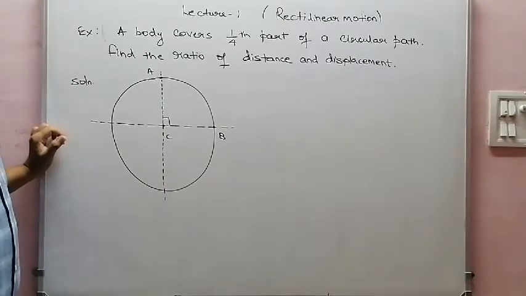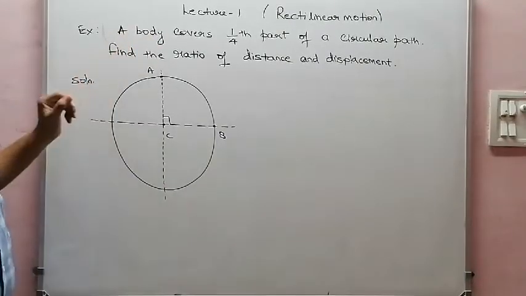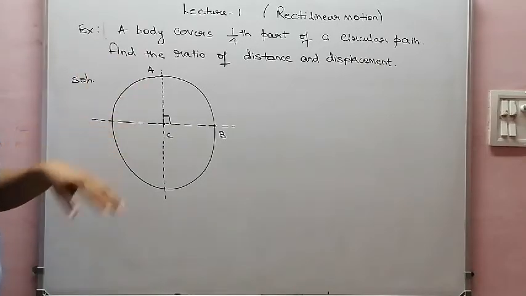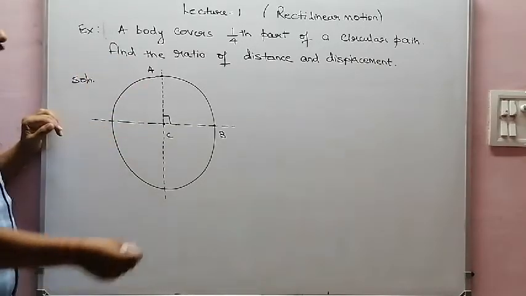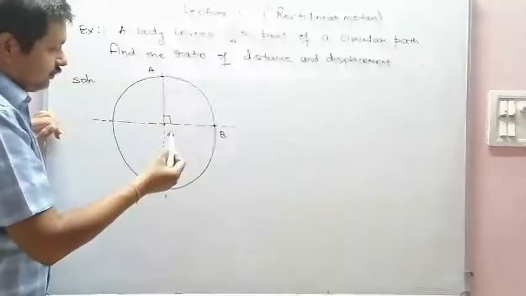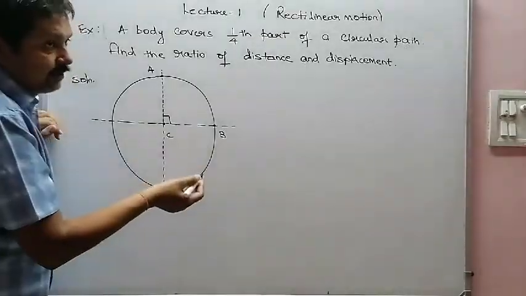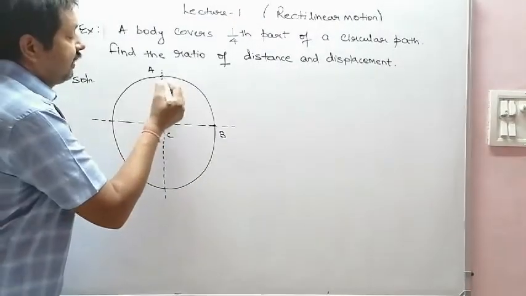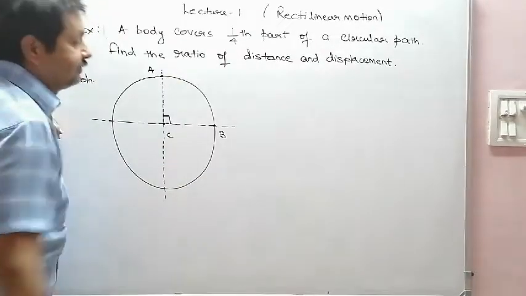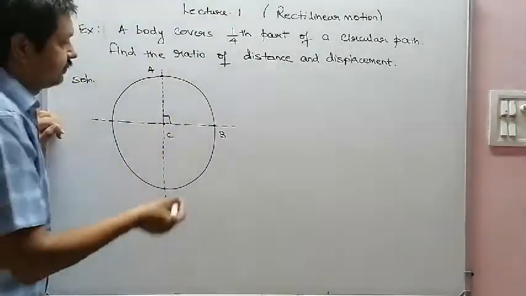Let's discuss another example. A body covers 1/4 part of a circular path. Find the ratio of distance and displacement. Let this be a circular path. 1/4, so 1 quadrant of a circular path. So let me select one quadrant, that is from A to B. You can select any quadrant.